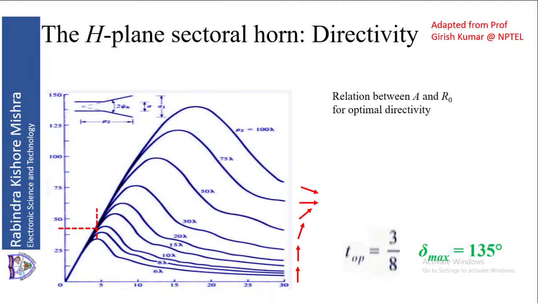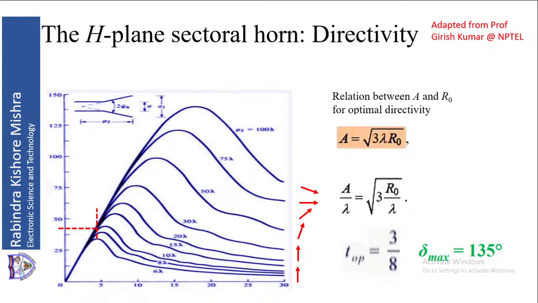Now, the relationship between A and R0 for optimal directivity: A is equal to root over 3 lambda R0, or rho 0, whatever you can say. A by lambda is equal to root over 3 R0 by lambda.